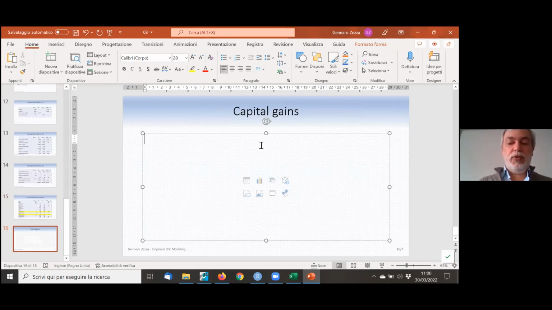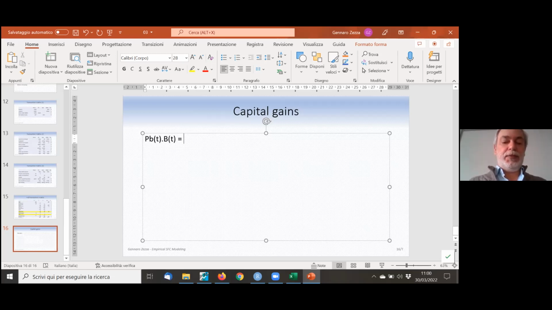So what I'm doing is, I have a price of bonds multiplied by the value of bonds, and this is what is published in the balance sheet.